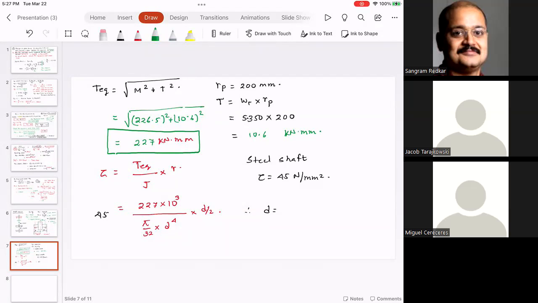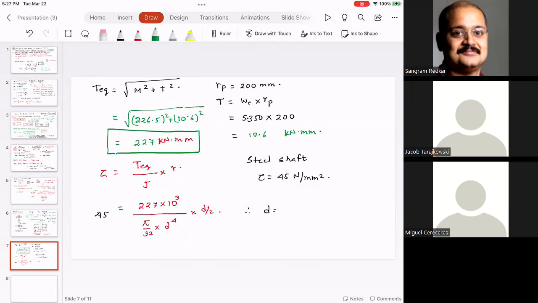Okay. So Jacob, what is the value of diameter? Tell me real quick. I think it would be about 35, 36. That's just my guess. Going once.